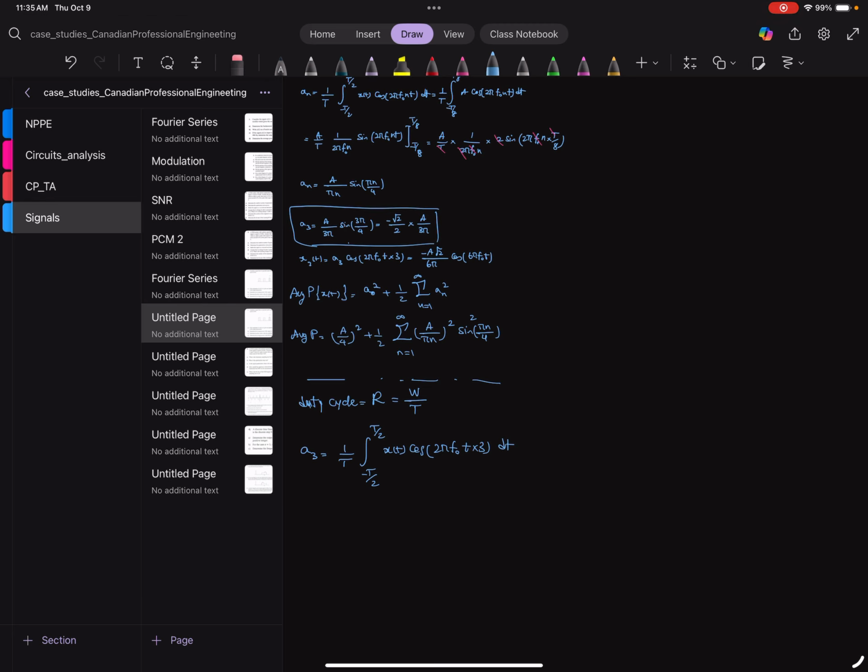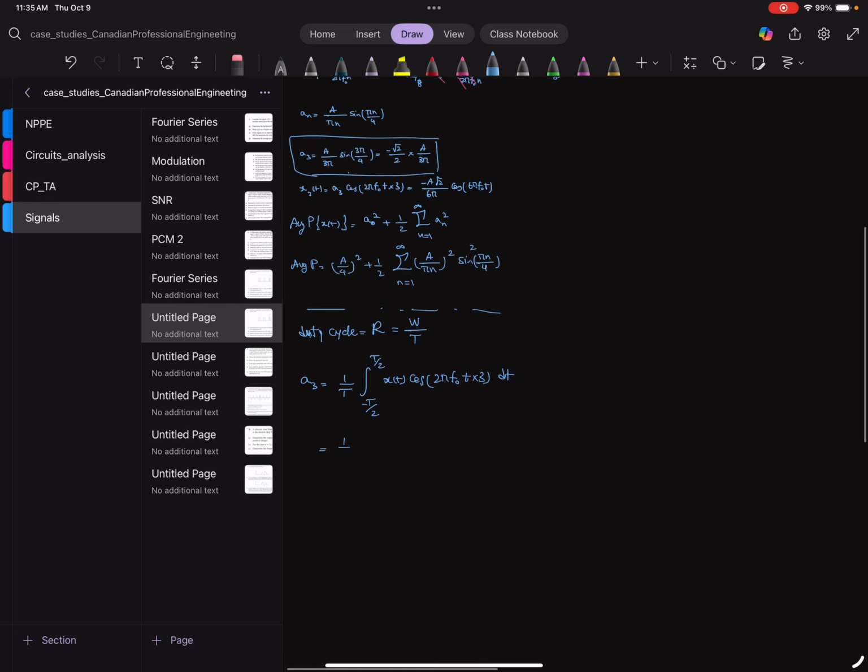Now, since our duty cycle is r, this is going to be turned to 1 over T integral from minus w over 2 to w over 2, the width of the signal, of a cosine 2 pi f0 t 3 dt. Then here we can write it as minus rT over 2 to rT over 2, and then this is a cosine 6 pi f0 t dt.